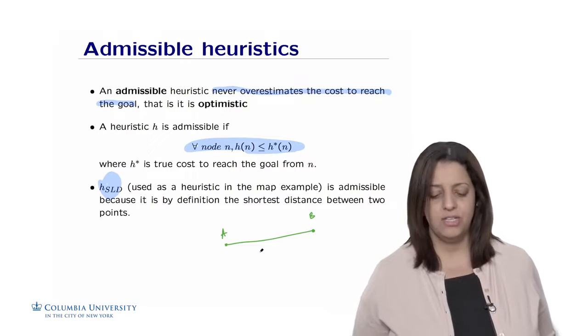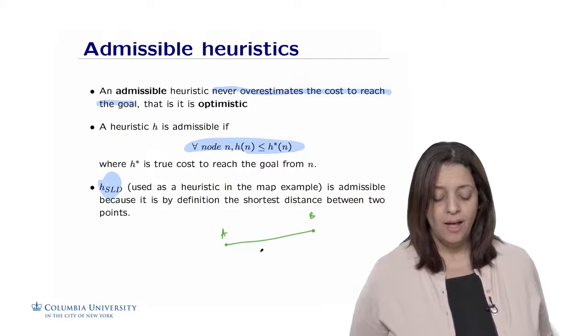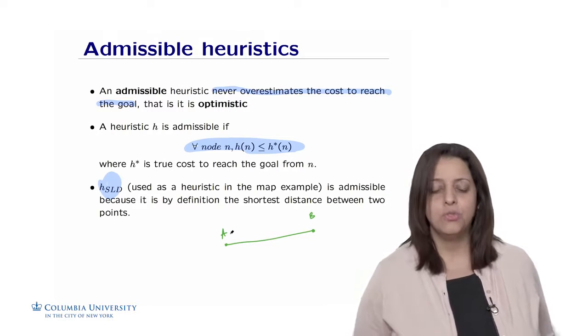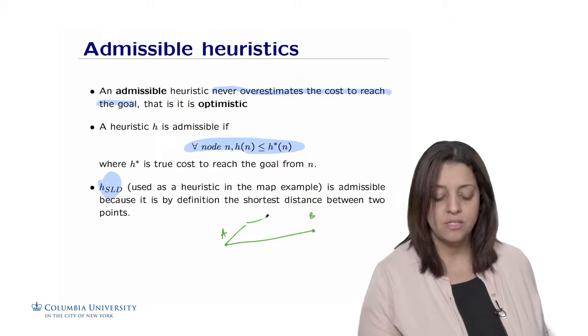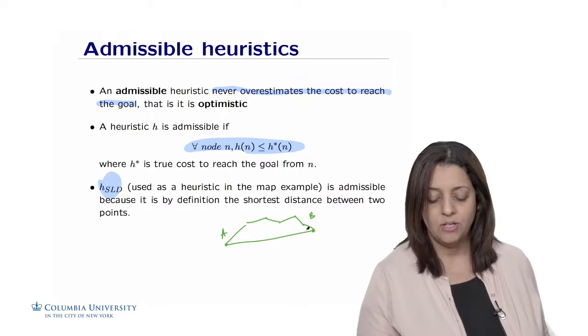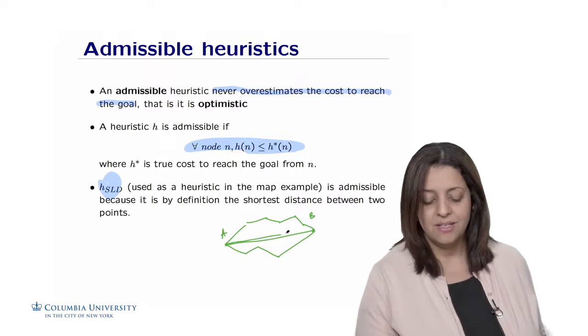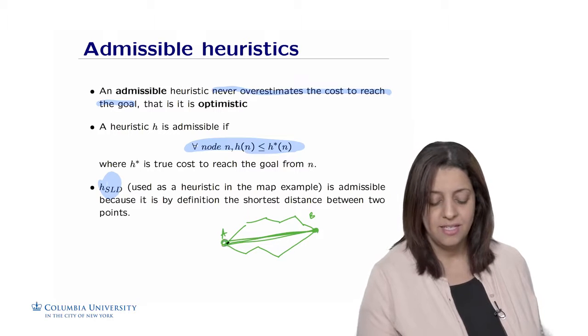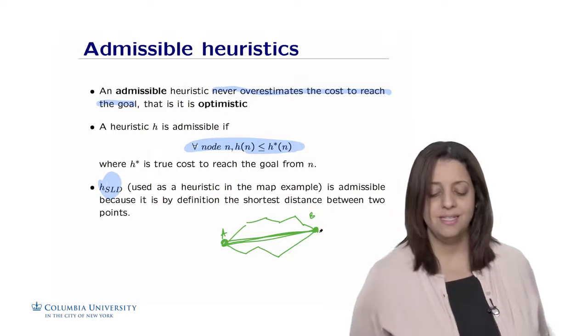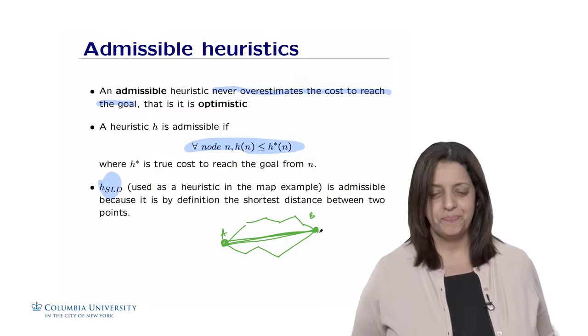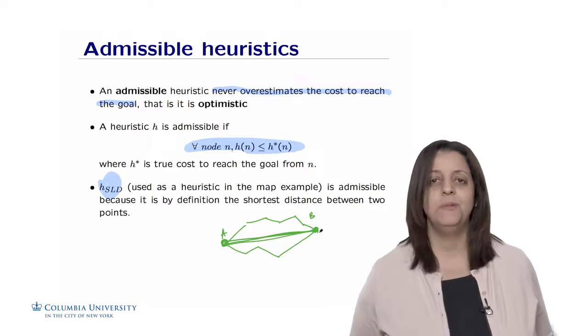It's just an estimation of the distance between A and B. However, if you use a true path between A and B through roads, you will end up with some path that actually links the two cities. But whatever distance you take, it's going to be bigger than the straight line distance between A and B. So this is an interesting feature of the straight line distance, that it's always less than the true real configuration of path between A and B.